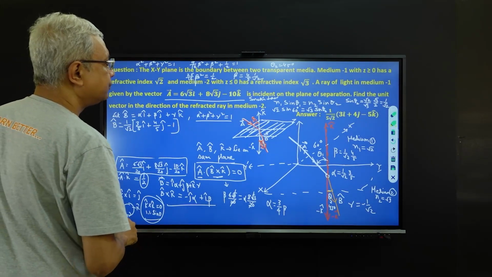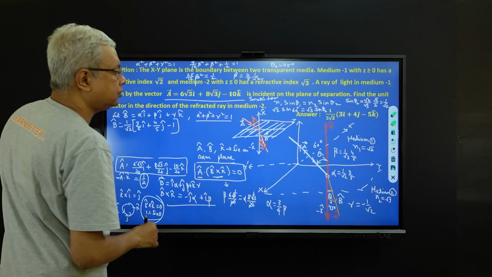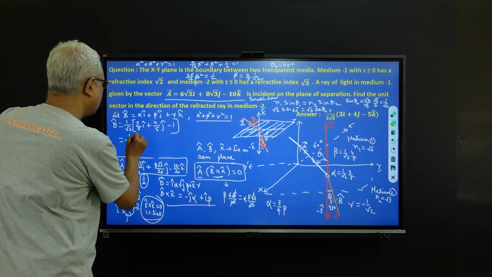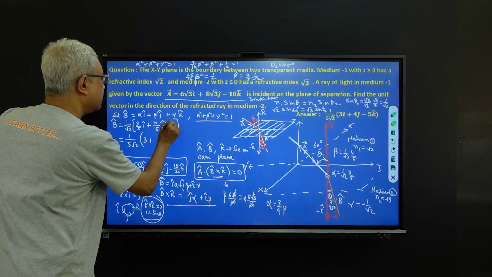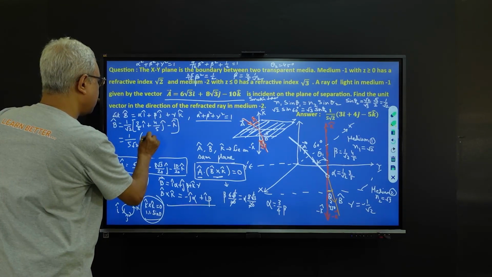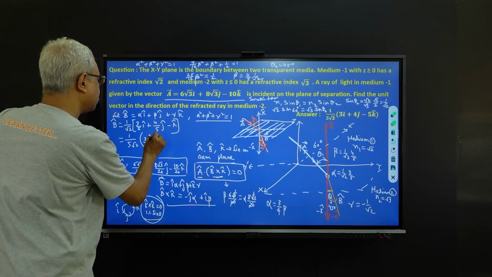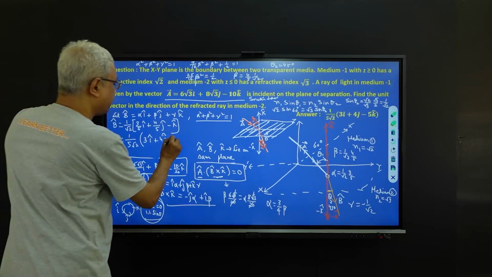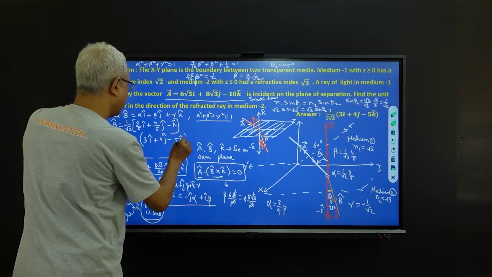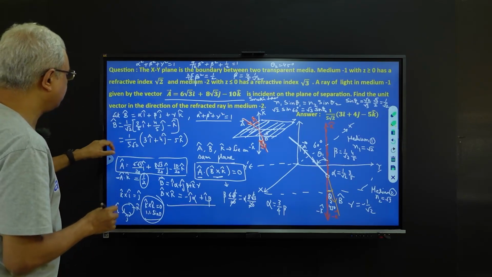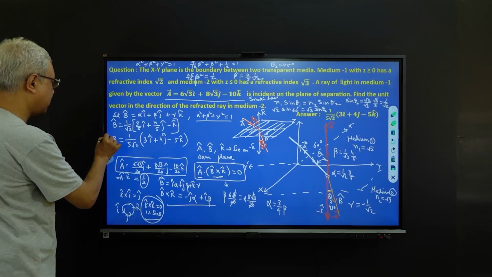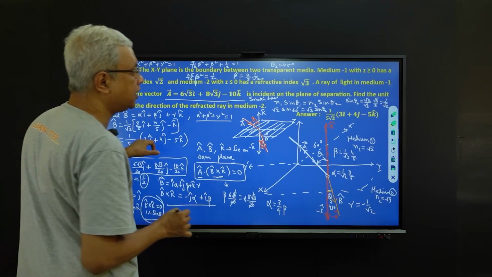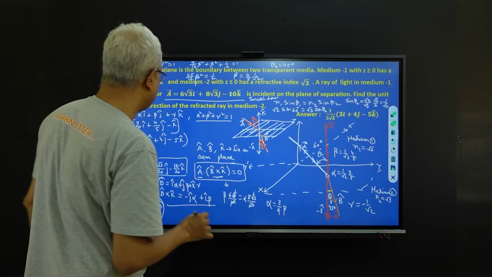So it is 1 by 5 root 2 times 3 I cap plus 4 j cap minus 5 k cap. So b cap, which is the unit vector along the refracted ray, is 1 by 5 root 2 times 3 I cap plus 4 j cap minus 5 k cap.